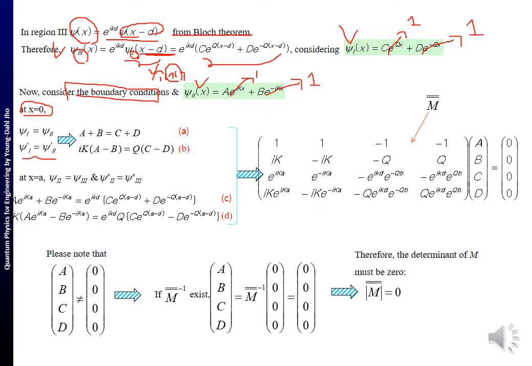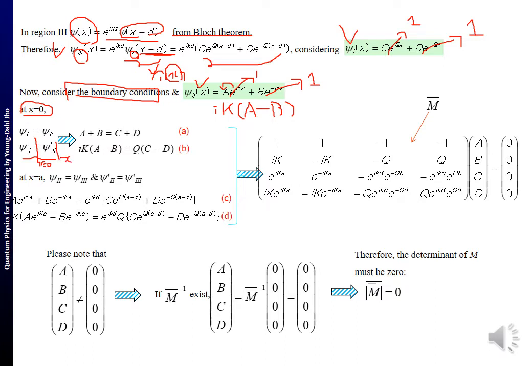And then we take the first derivative. They should be continuous. Then we take the first derivative, so ik and minus ik are multiplied, with capital K and A, and the minus sign here. And again at x equals 0, the exponential functions will be 1.